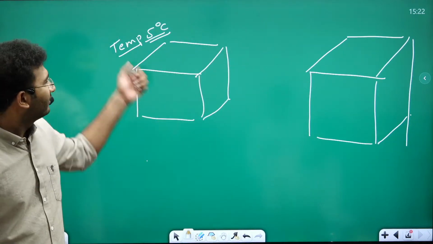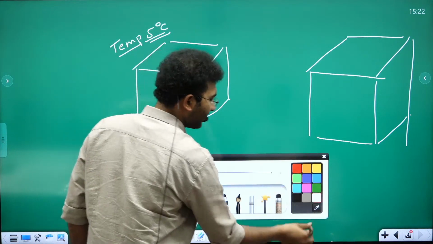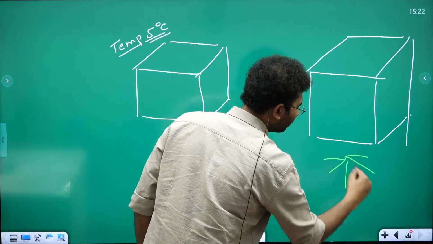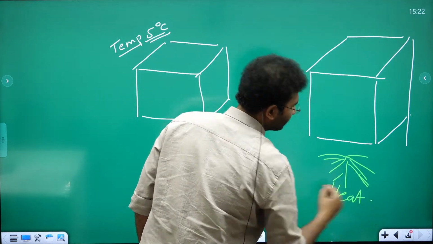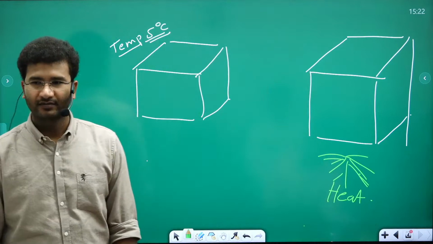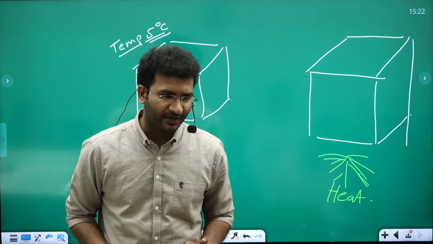Here the temperature is 5 degrees Celsius, and I have decided that the same packet of air will now be given heat. So what happens to the packet of air? The air will expand. You heat anything, it will expand.